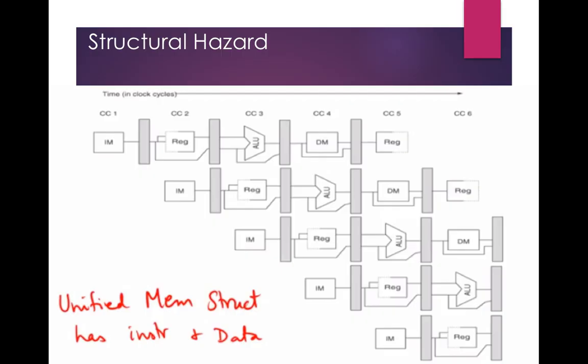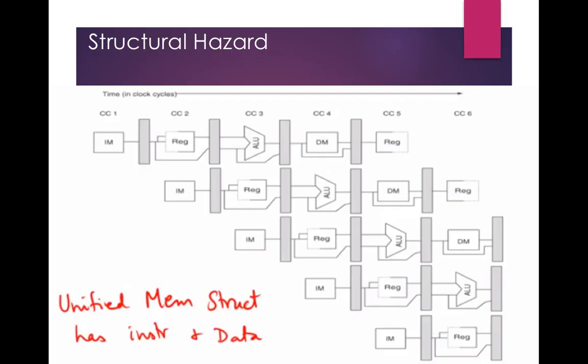So these are the five stages of the pipeline. Here you can see from the diagram that we are using the memory at clock cycle 1 and also at clock cycle 4, and similarly we are using the registers at clock cycle 2 and at clock cycle 5.